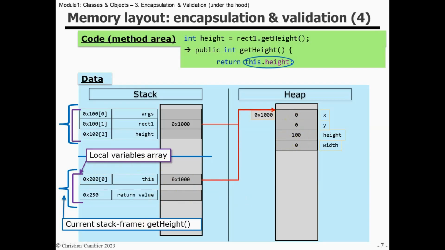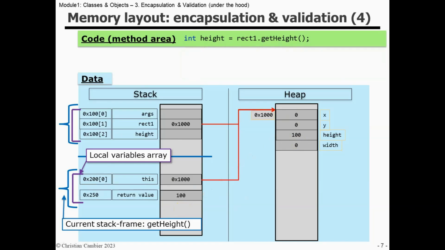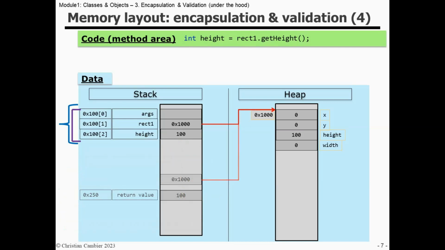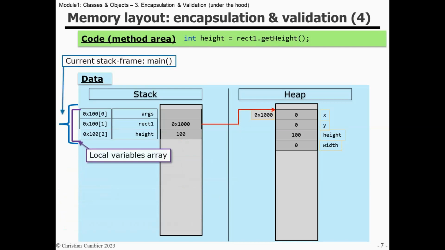So it will be temporarily stored in the return value field, after which we return from the method explicitly. So we're back in the main. Last thing we need to perform though is the assignment of the return value 100 to the height local variable. Once that is done, current stack frame destroyed, and we're back in the main.